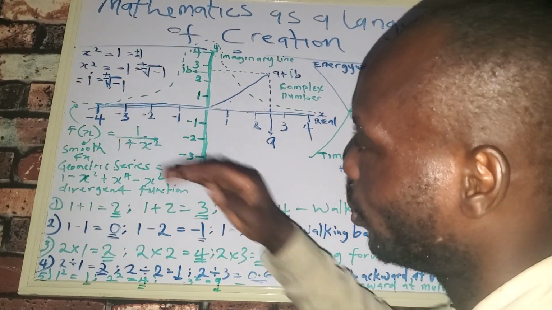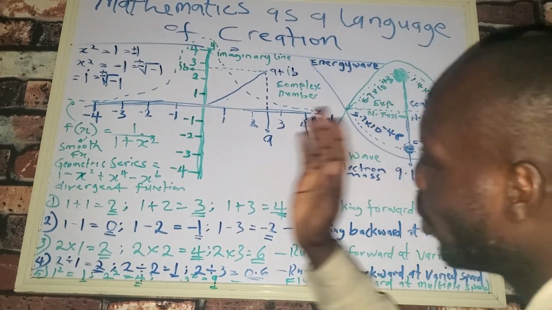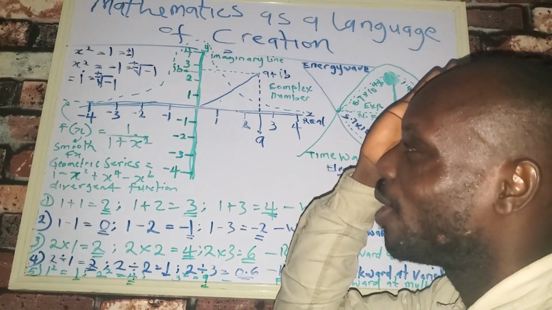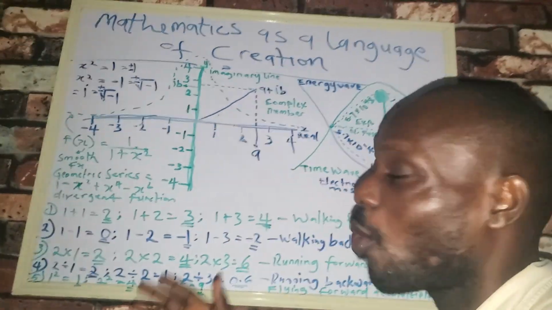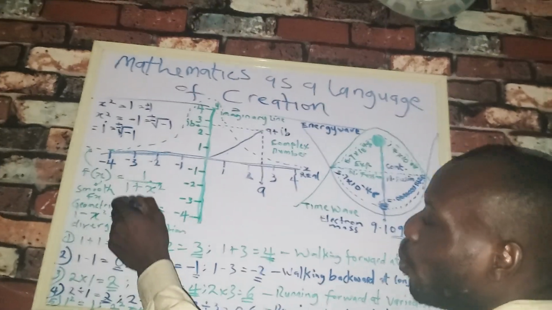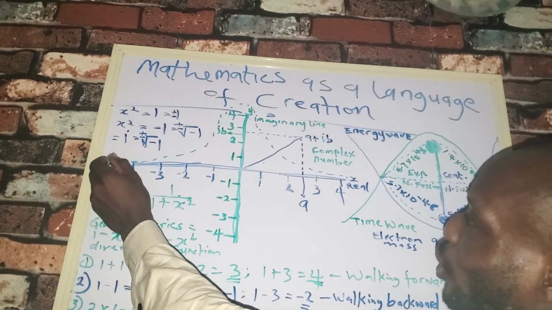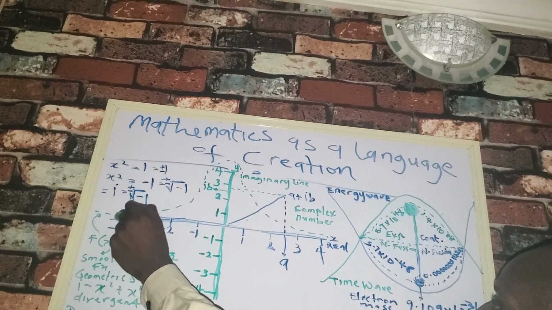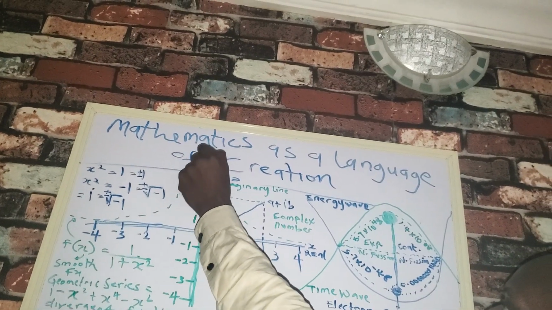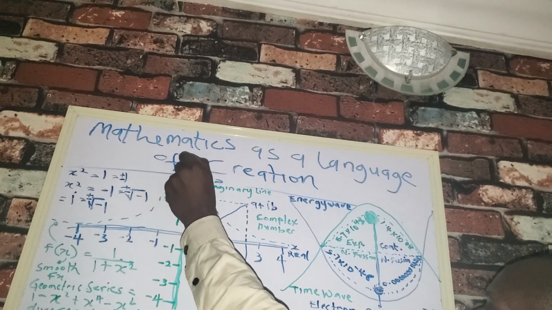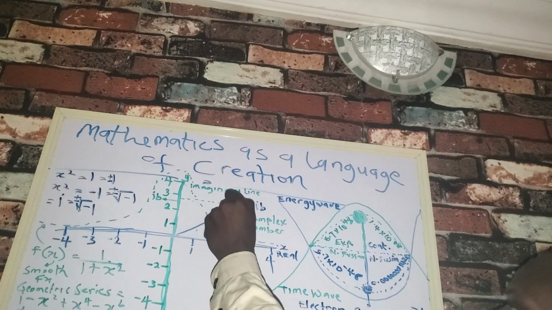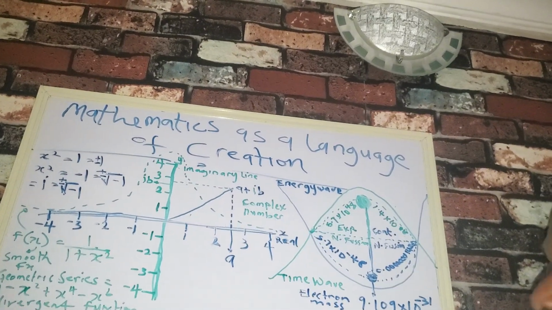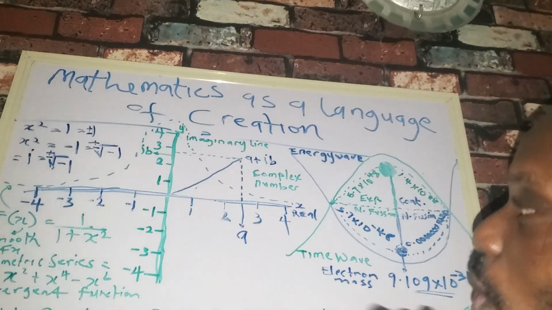Now this function is a smooth and continuous function on the real axis. When you plot it, it travels from the negative x-axis, goes up the dotted line, and comes down like this. It's a smooth continuous function.